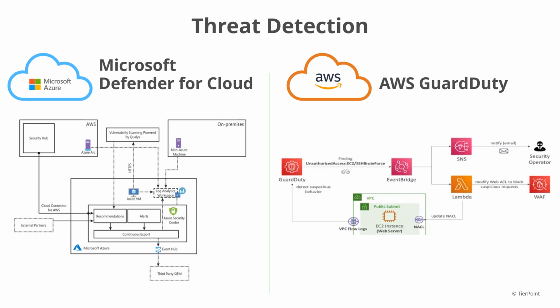The key difference lies in integration. Azure excels in hybrid environments with strong Microsoft ecosystem integration, while AWS provides deeper integration with its native services. Both platforms offer comprehensive threat detection through the combination of CSPM's preventative controls and CWPP's runtime protection, creating a robust security framework for enterprise cloud data.